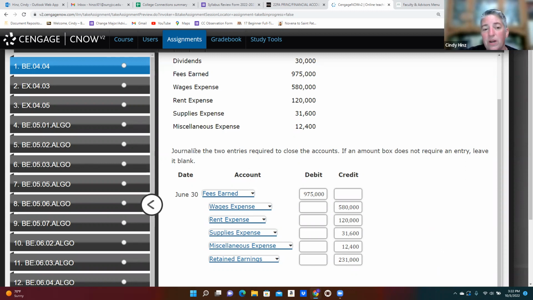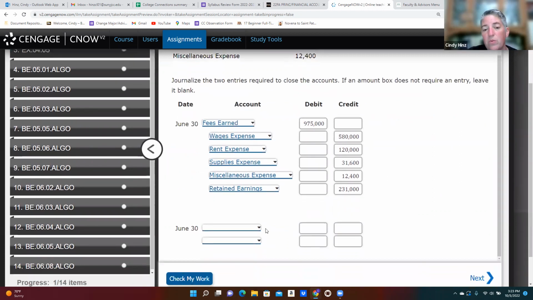The second entry here, which says journalize the two entries, the second entry is to close the other type of temporary or nominal account, and that is dividends. So dividends is closed separately because it is not part of our income, doesn't show up on the income statement, it's not an expense. But dividends do have a debit balance, and so to close that dividends account, we would need to credit dividends $30,000.